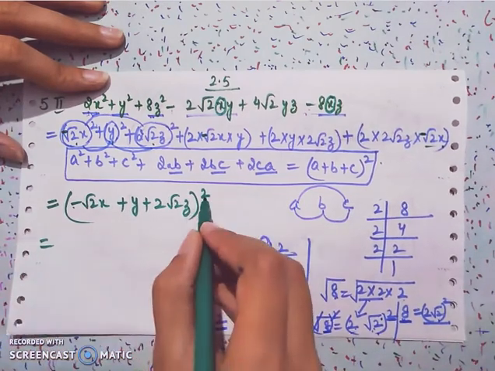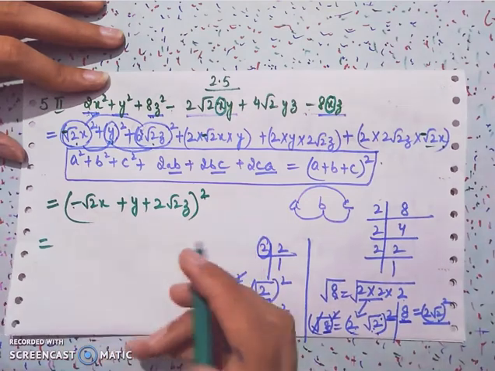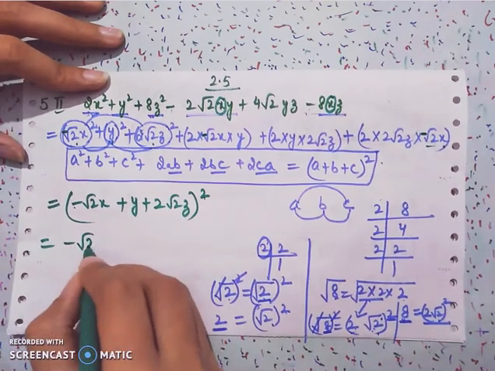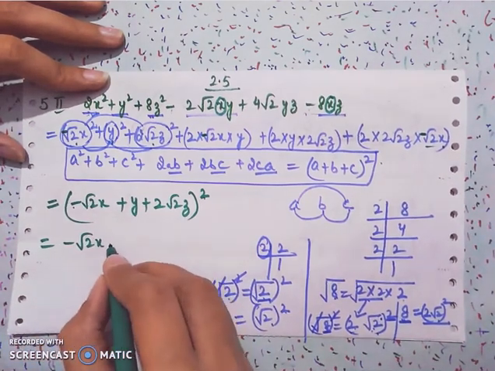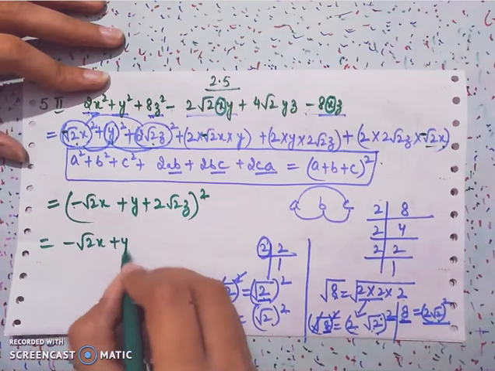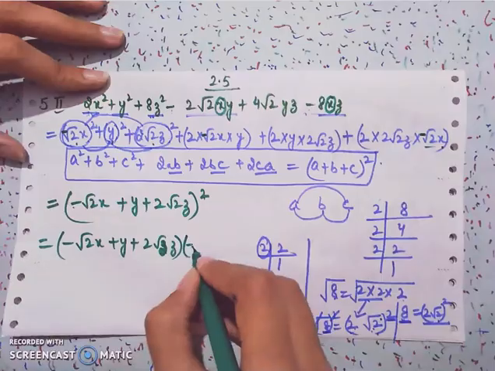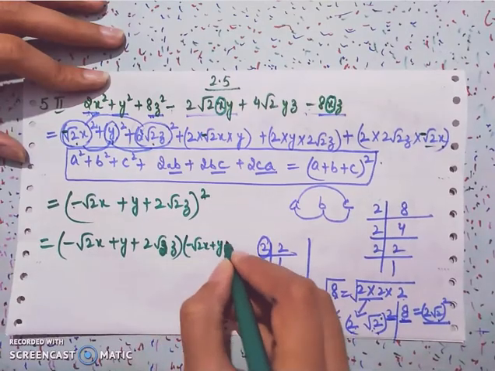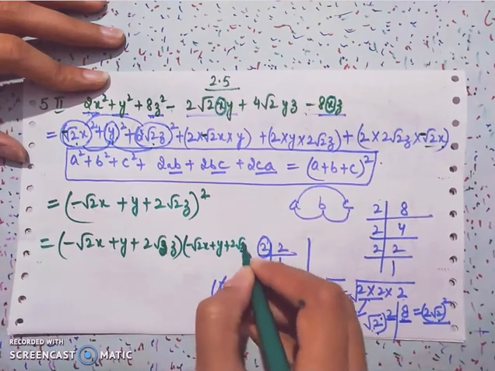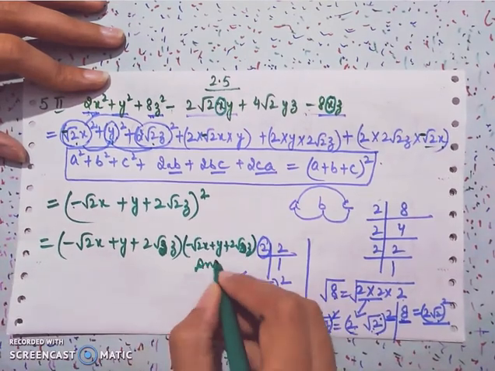Here the power is 2, so I will write this expression 2 times: minus root 2x plus y plus 2 root 2z, into minus root 2x plus y plus 2 root 2z. And this is our answer.